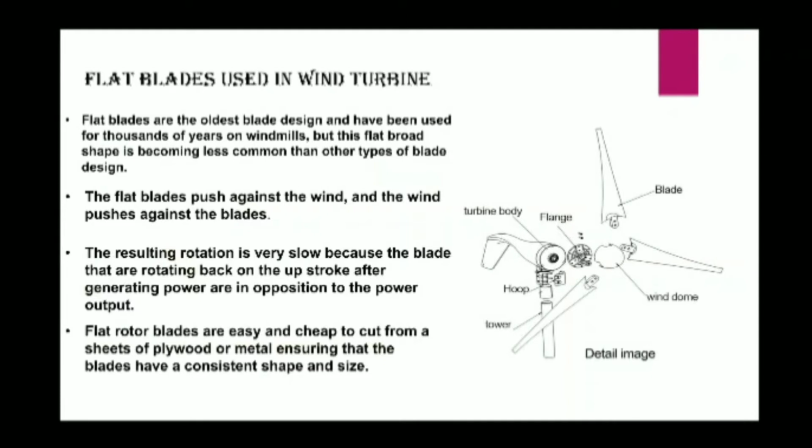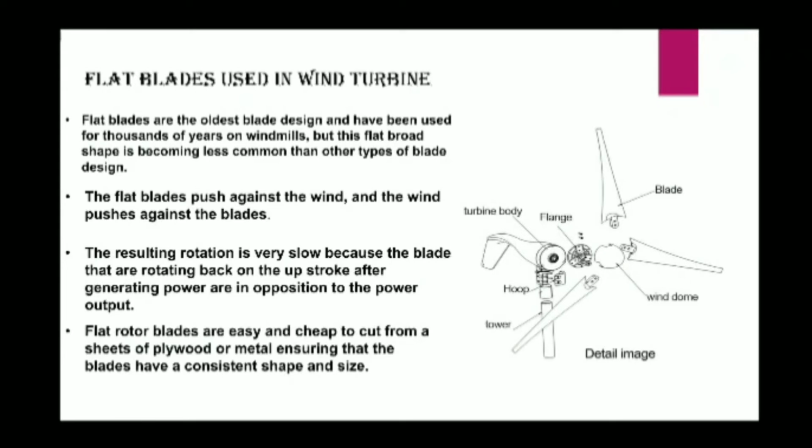Flat blades are the oldest blade design and have been used for thousands of years on windmills, but this flat board shape is becoming less common than other types of blade design. The flat blades push against the wind and the wind pushes against the blades. The resulting rotation is very slow because the blades rotating back on the upstroke, after generating power, are in opposition to the power output.